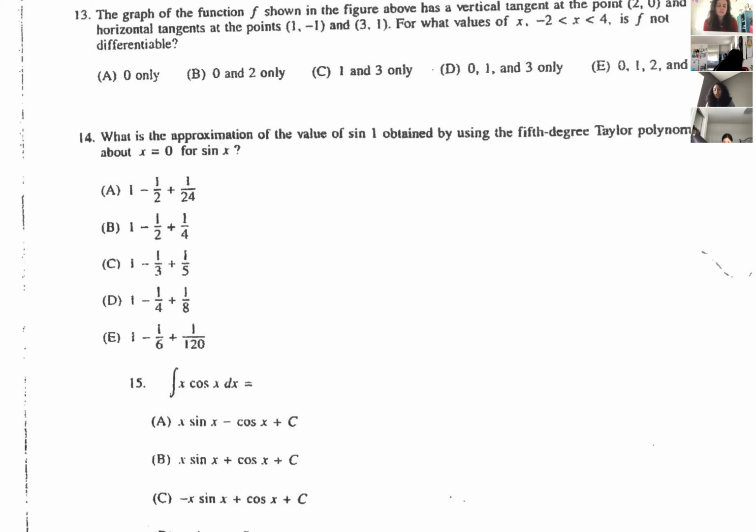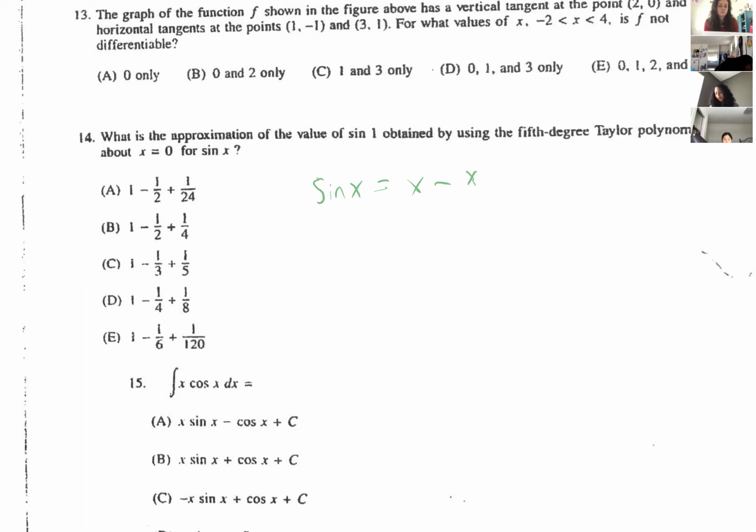I'm going to say that sine x equals x minus... You could do it the long way if you wanted, where you find f of 0, f prime of 0, f double prime of 0, all the way to the fifth derivative of 0. But if you know a shortcut, use the shortcut.